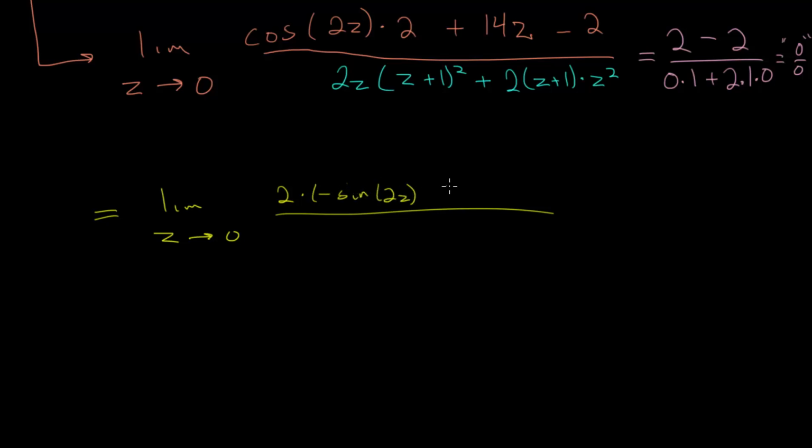We just rewrite that input, and then multiply by the derivative of the inside, which is 2. Here we use the power rule, we bring this exponent down in front, 1 times 14 is 14, and we get multiplication by z to the 0 power, which is just 1, and we know the derivative of a constant is 0. So this is our new numerator after taking the derivative of this one.